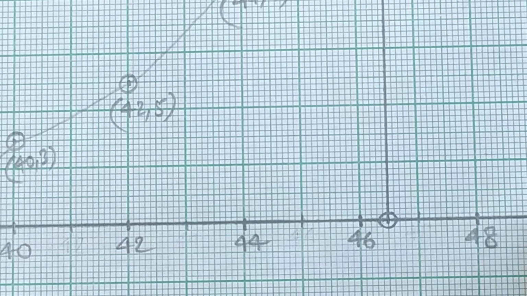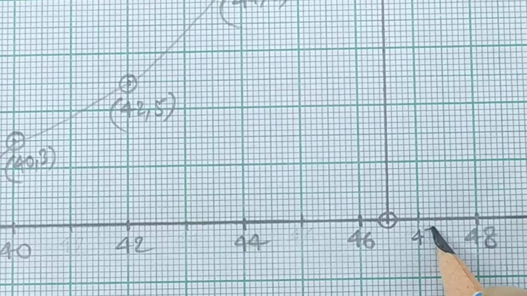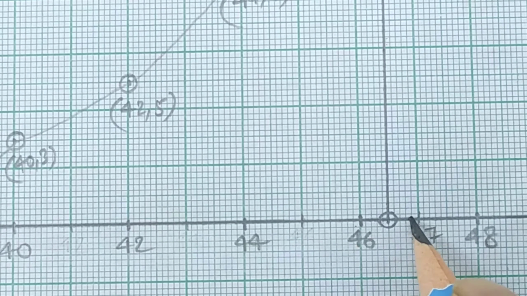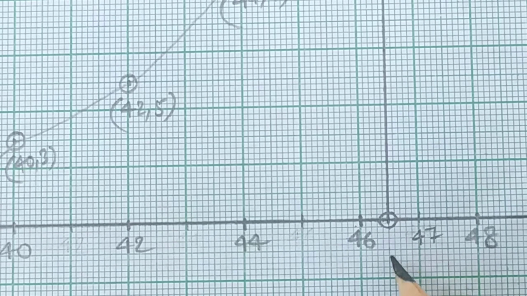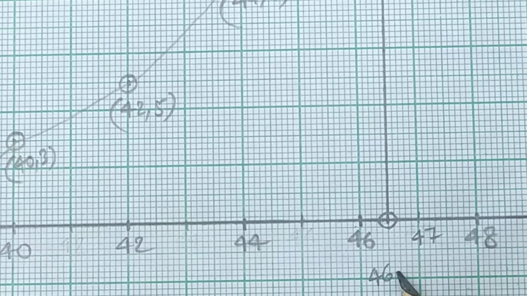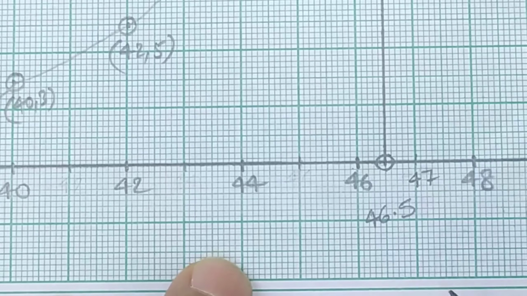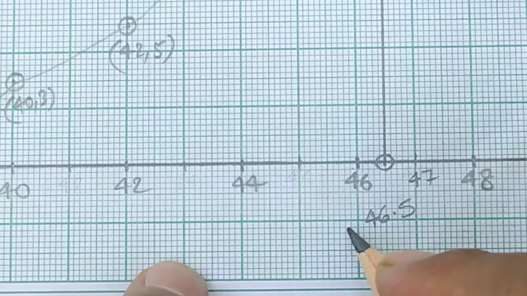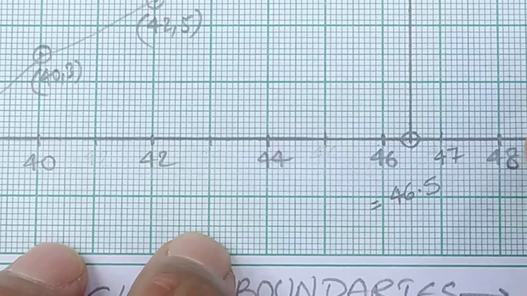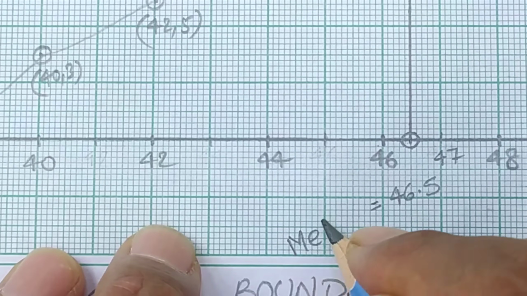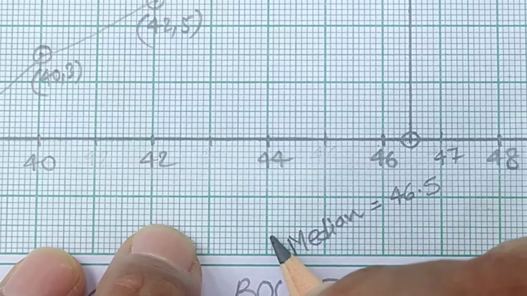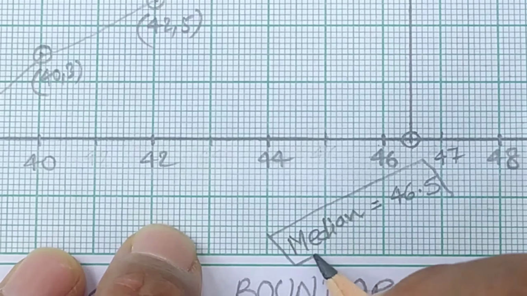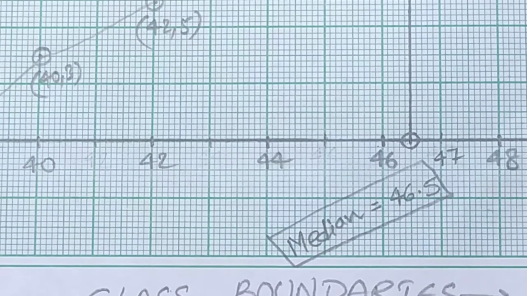This is 46, this is 48. So it indicates 47. This is exactly in between 46 and 47. So this value is 46.5. This is nothing but the median. So median is 46.5. Is it clear?